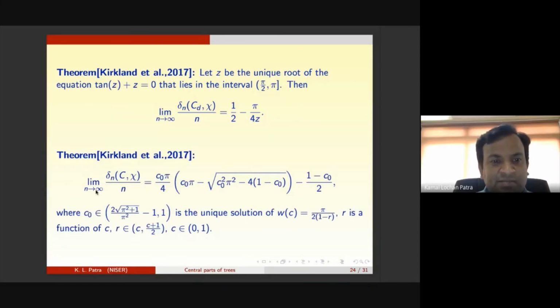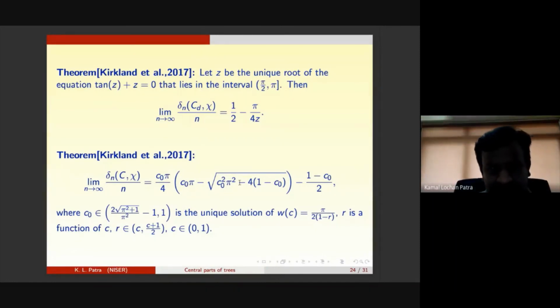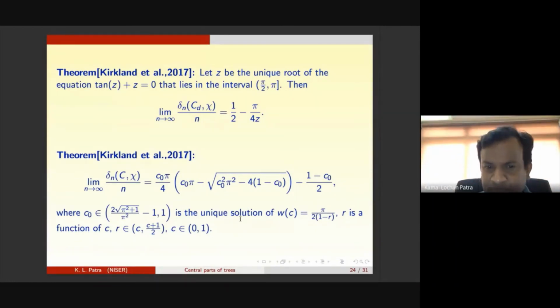For that, limit n tends to infinity, what they proved in the same paper is that limit n tends to infinity del n by n, C chi, equals c0 pi by 4 into this, where c0 lies between this and is a unique solution of this equation, where R is a function of c like this. This proof is also a little complicated and lengthy, but they were still able to find the asymptotic nature of these two distances.